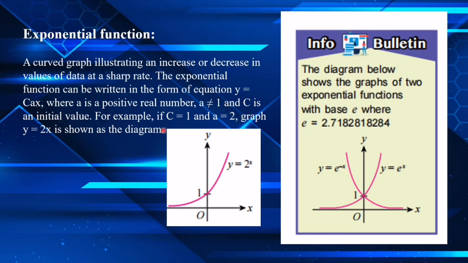For example, c equals 1 and a equals 2, the graph of y equals 2 to the power of x is shown in this diagram. And another diagram shows the graph of two exponential functions with base e.